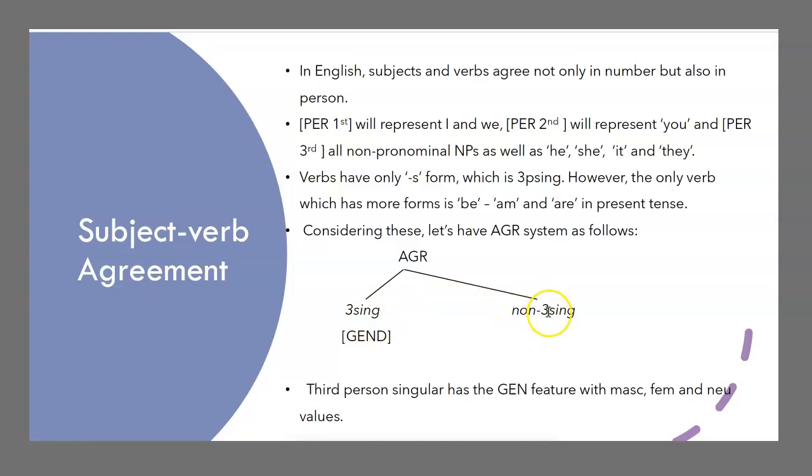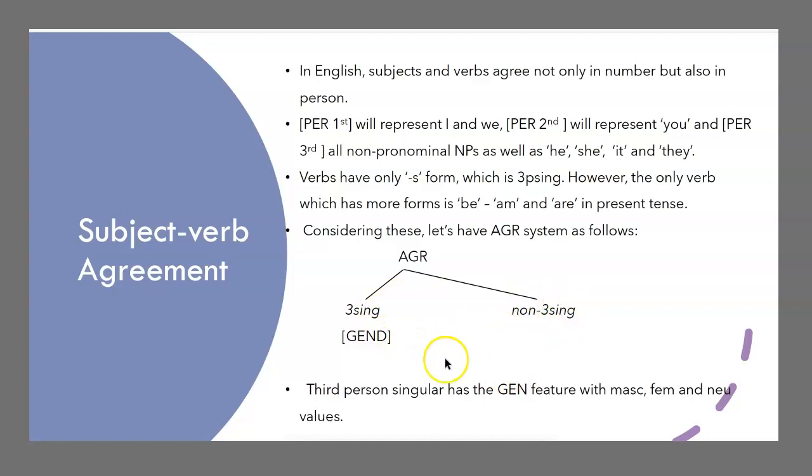Considering these now, AGR can be of 2 types: third singular or non-third singular. Third singular forms are all S forms. Non-third person singular, other forms. Right? So when you say third person singular, it has a feature gender. Non-third person singular is not characterized by gender.